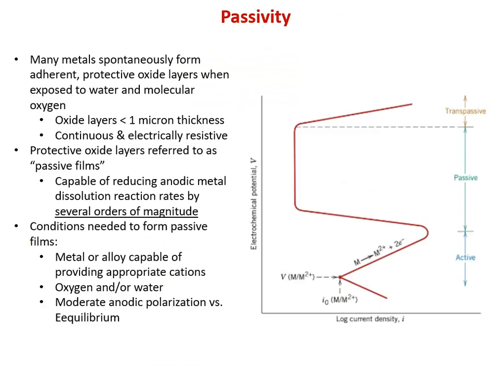Okay, well, as engineers, our general goal is to stop corrosion or to reduce its rate. And one of our best friends in that arena is what's called passivity. Mentioned again that it's the genesis of the corrosion resistance for stainless steels, nickel superalloys, titanium, and aluminum. So what is passivity?